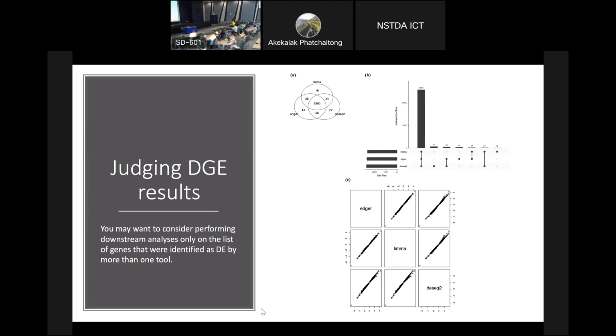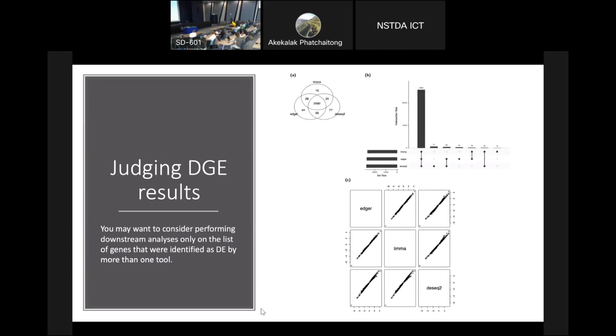So maybe you want to focus on that one because those are highly likely to be real, significant, whereas the other ones could be real, but they may also be false positives. So you may want to start from there, and that's already a sufficient number to keep you busy. Unless you are done, then maybe you want to come back and look at the others.